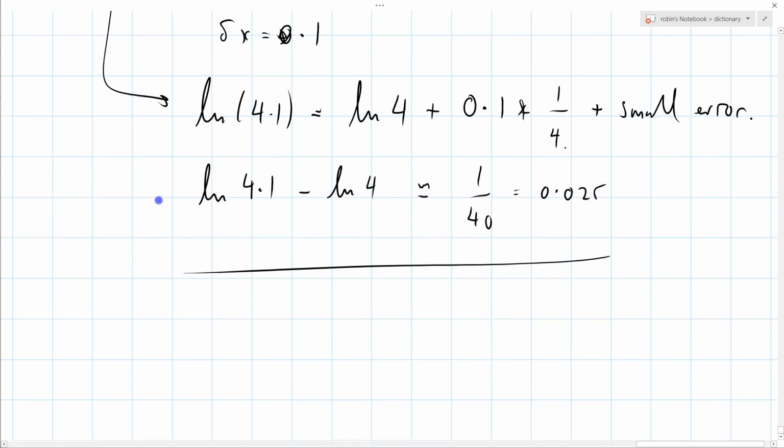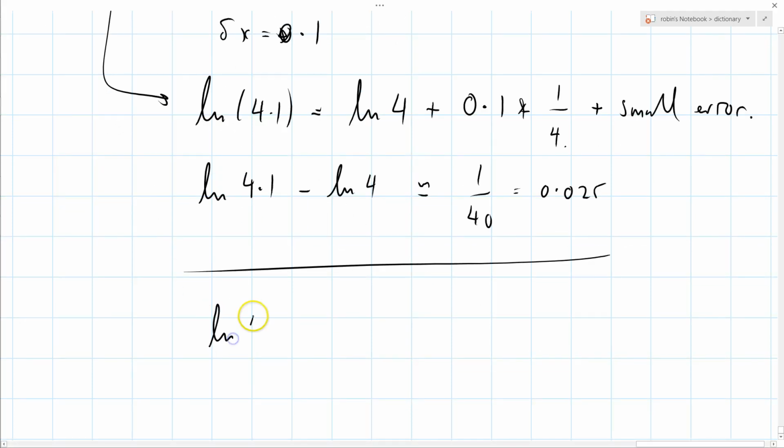By the same token, I could work out log of 4.01 minus the log of 4, with delta x equals 0.01 rather than 0.1, and that should be equal to 1 over 400 this time, 0.0025.